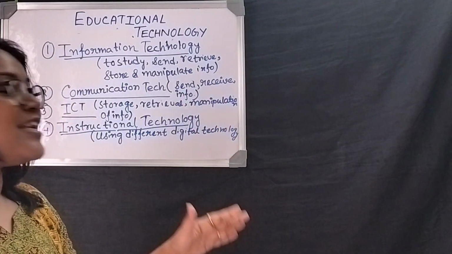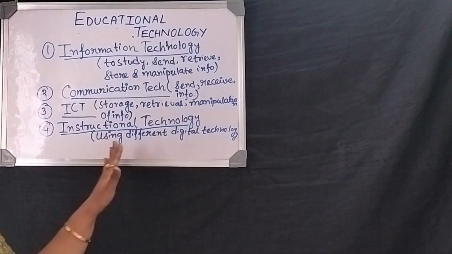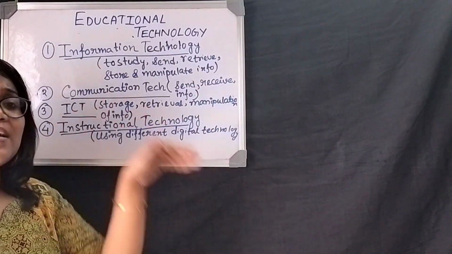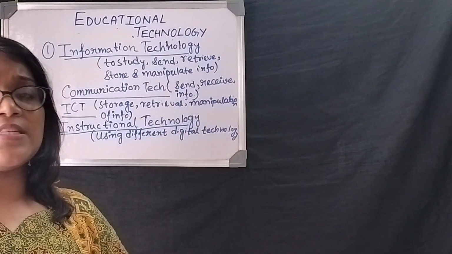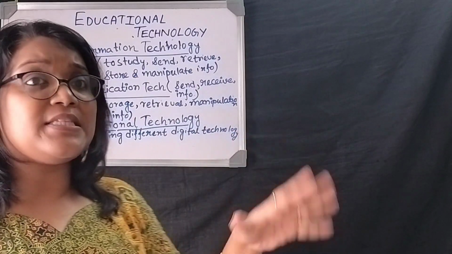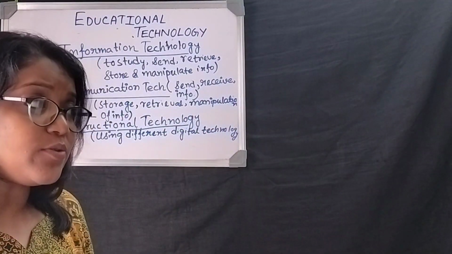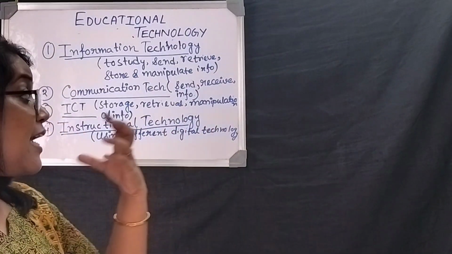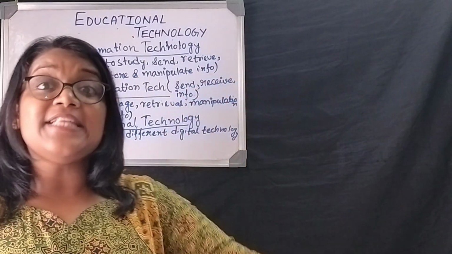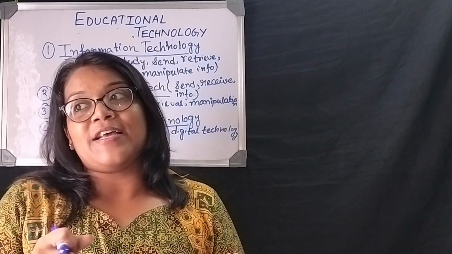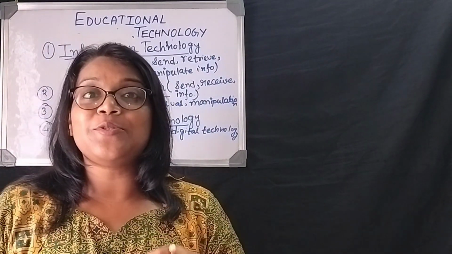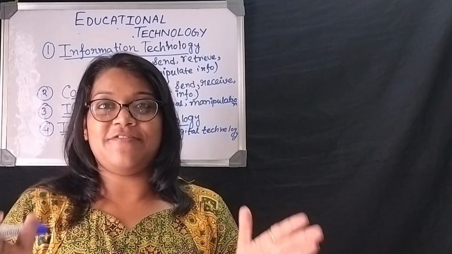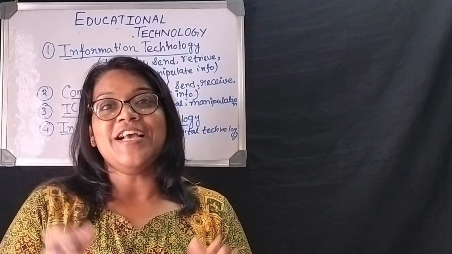So that's why in the field of education, instructional technology is one of the most important things, because it enhances the teaching learning process, it encourages student activities, it reduces the monotonous teaching process, it helps to engage students in the classroom, and it helps to create an efficient, effective, attractive teaching learning classroom.